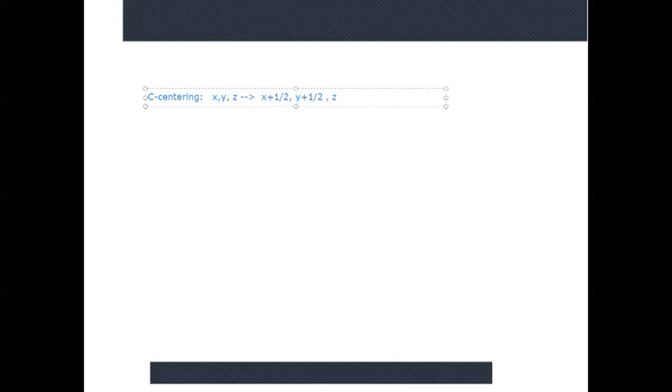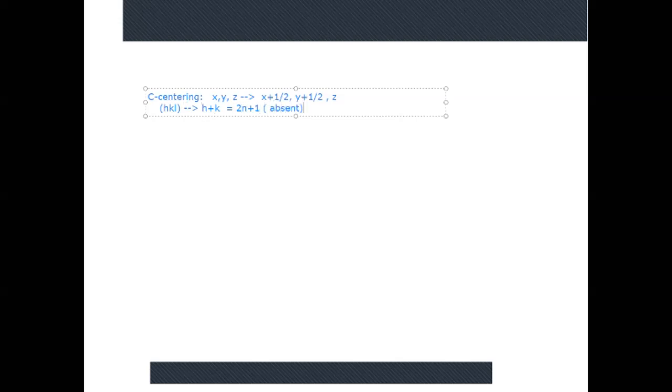Since X and Y were translated, and Z doesn't change sign, Z is the same coordinate, then our systematic absence for C centering would be looking at the HKL indices, and the H plus K index, if it's odd, 2n plus 1, it would be absent.